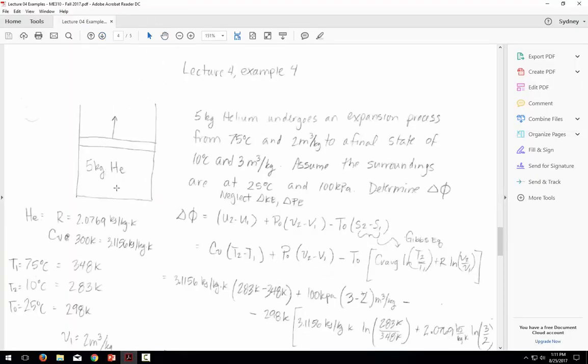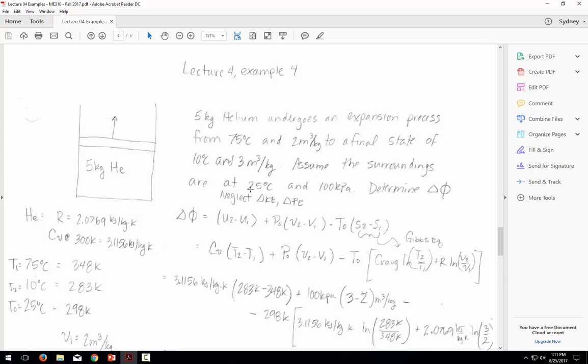This is example 4. If we look up the property values for helium in the back of the book, table A3, we find the R value is 2.0769 kilojoules per kilogram Kelvin. And going from 10 degrees Celsius to 75 degrees Celsius, the average temperature is approximately 300 degrees Kelvin. So we're going to use C sub V at 300 Kelvin in our calculations.